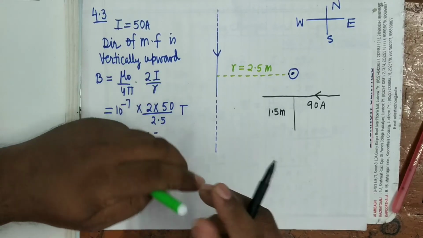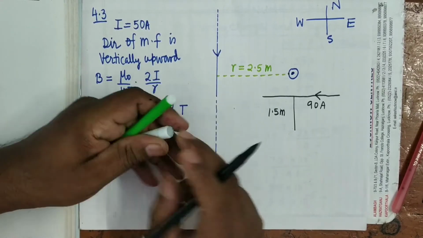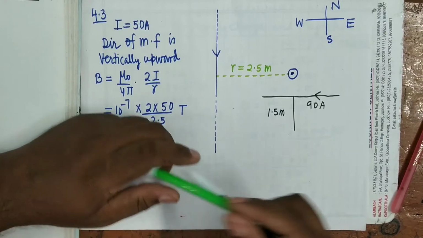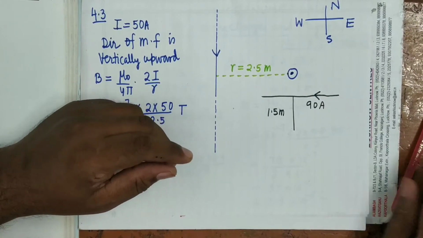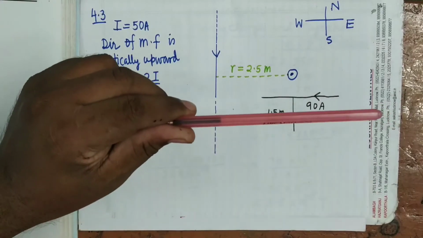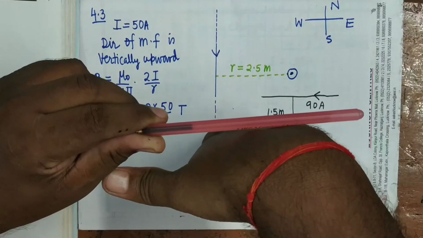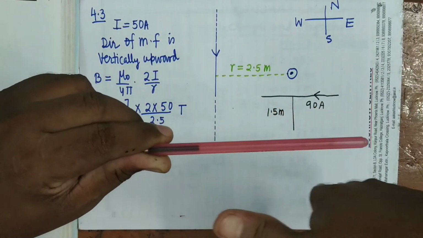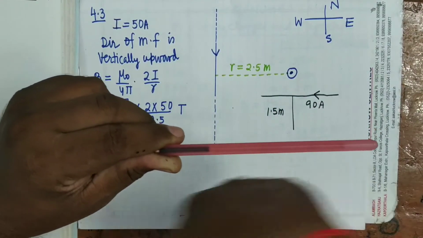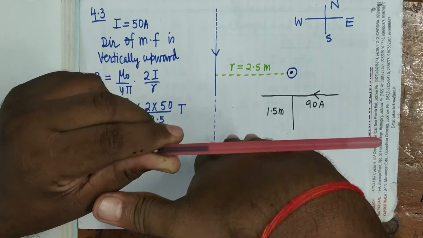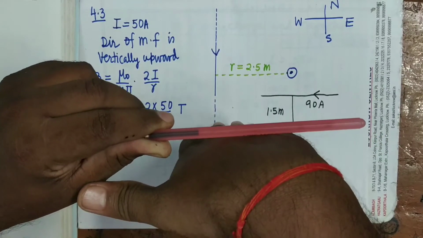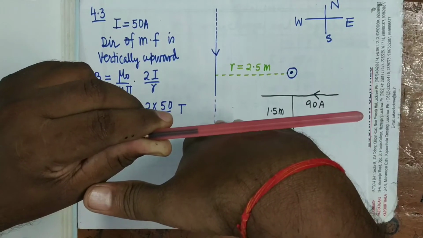So what will be the direction of magnetic field? First you see the direction. This is the current carrying wire. You will place the right hand palm in such a way that the thumb is in the direction of current, the thumb is towards west, and fingers are pointing to that point at which field is required.